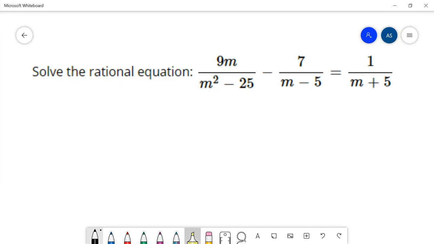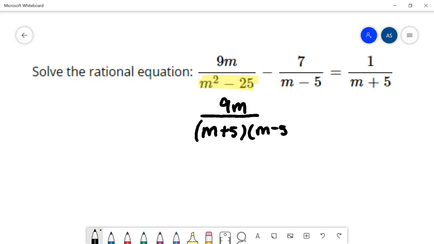So this one right here, m squared minus 25, I can factor that more. 9m over, and this is one of our special factoring patterns, the difference of squares, m plus 5 times m minus 5, minus 7 over m minus 5 equals 1 over m plus 5.